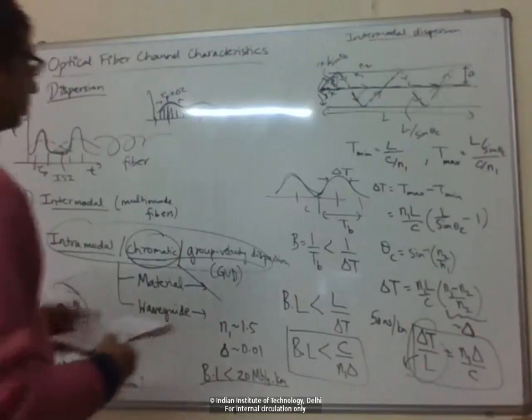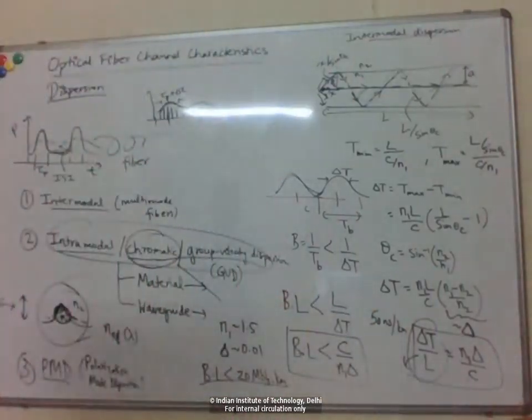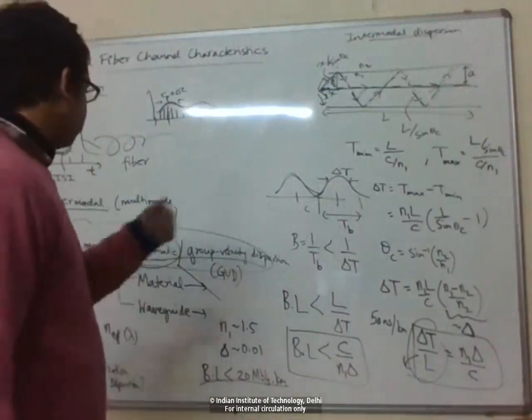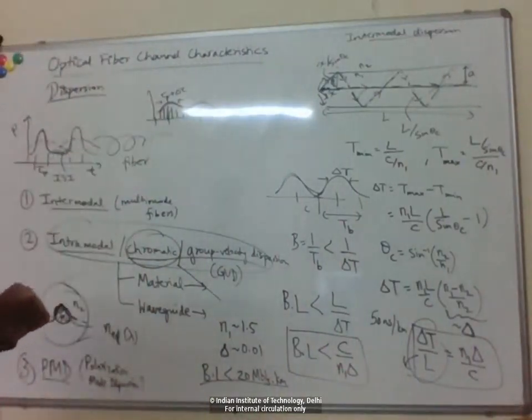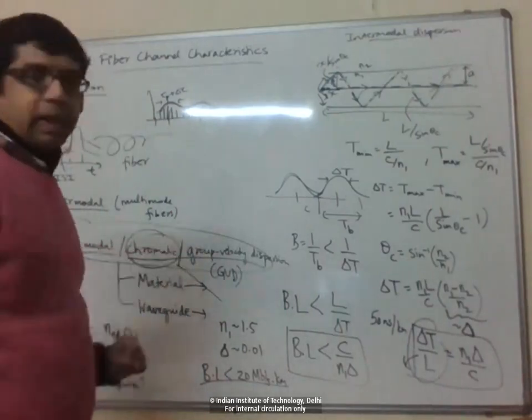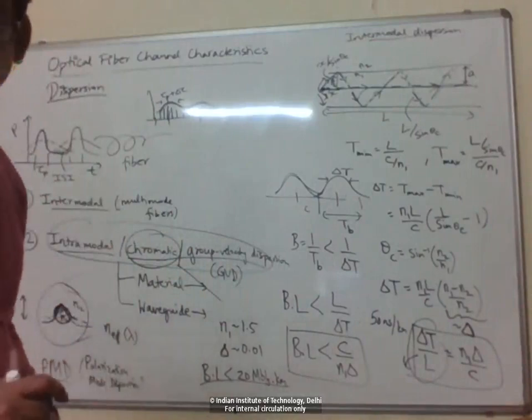This is quite bad by modern standards. That's why we moved to single mode fibers, where we eliminated intermodal dispersion and are limited just by chromatic or velocity dispersion. We'll look at that in more detail in the next class.